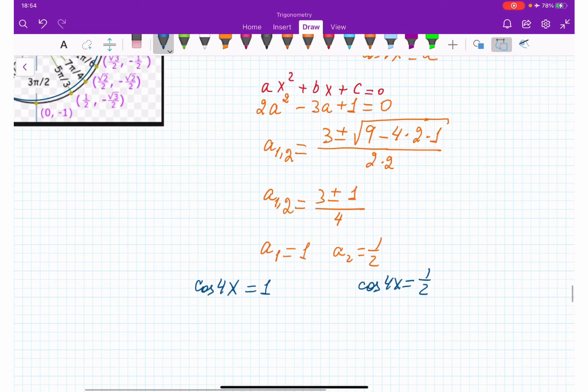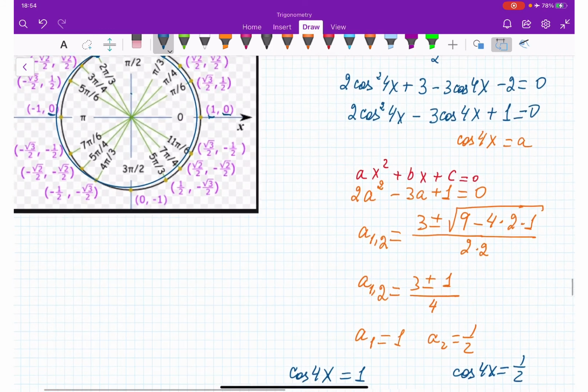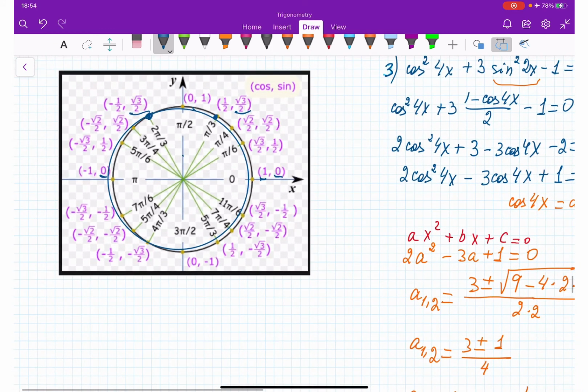So from here, we have 4x is equal to, let's see, what angle has cosine equal to 1? Here it is, 0 degrees, right?